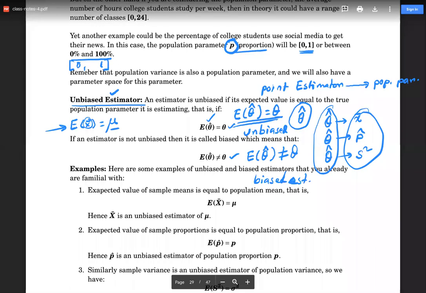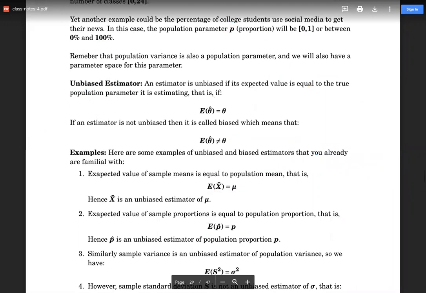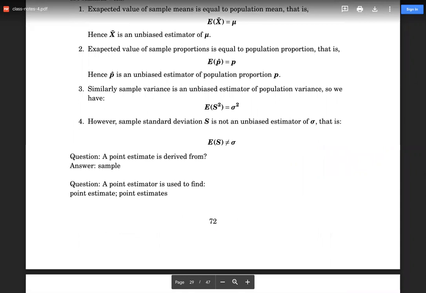Now, let's look at some of the examples here. The expected value of X bar is mu, which is an unbiased estimator. The expected value of P hat is P, which is an unbiased estimator. The expected value of S square, the standard deviation squared, which is variance, is actually sigma square. So this is also an unbiased estimator. However, the expected value of S is not the same as sigma.